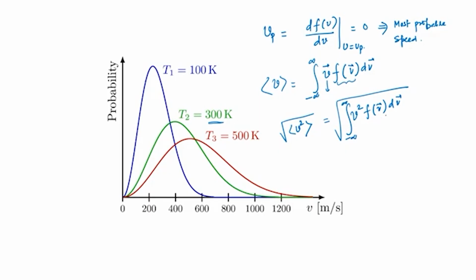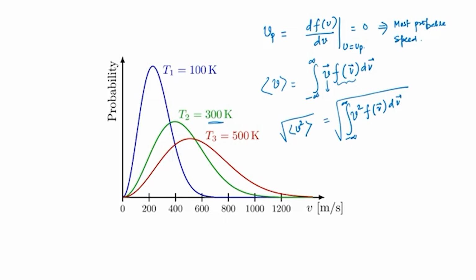Now, v square average is not equal to 0. Multiplied by the distribution, integrate over all velocities from minus infinity to plus infinity, and then you take a square root of that. So, it is a root mean square velocity, and this is an important quantity as well in this distribution. Any distribution will have certain things such as the mean value of the distribution, then the root mean square or the full width at half maximum, and so on and so forth.